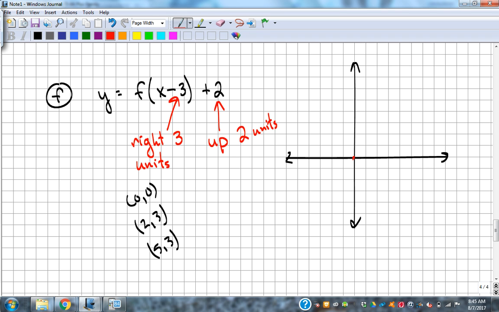It starts out here, and if I move it to the right 3 units, 1, 2, 3, and then up 2, 1, 2, it ends up at 3, 2, right? That transforms to 3, 2. What does this one become?